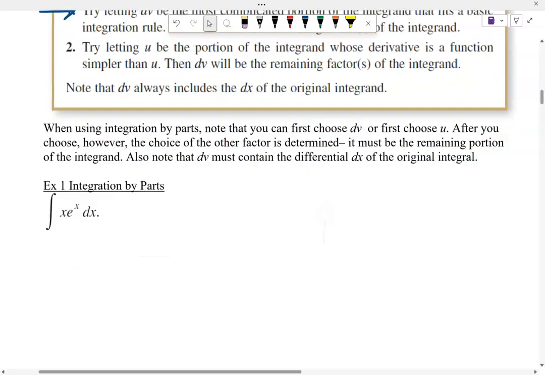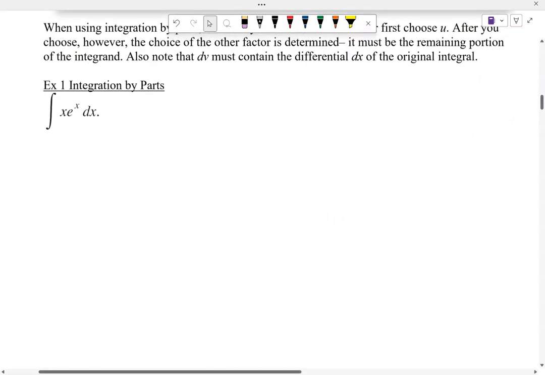Okay. So if I'm looking at this first one, x e to the x, I would let my dv be that e to the x dx, because I have a basic rule. It's the more complicated part, but I can still have a basic integration rule for it.